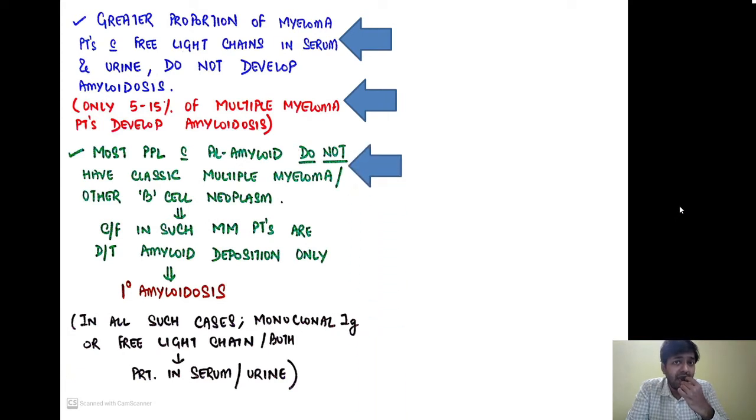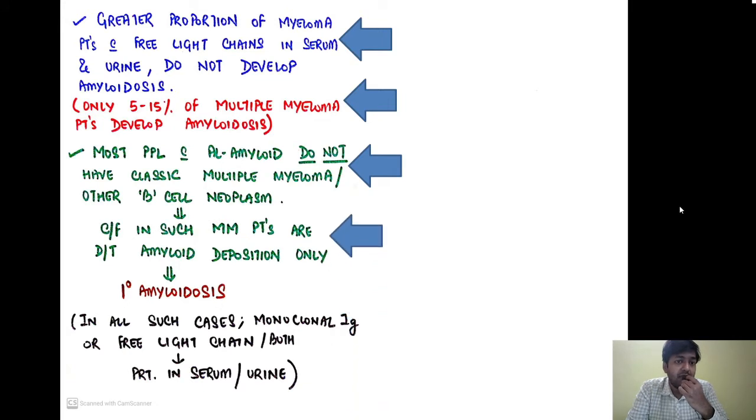Most people with AL type of amyloid do not have classic multiple myeloma or other B-cell neoplasm. So not all cases of multiple myeloma will suffer from amyloidosis, and those cases that do suffer from amyloidosis do not have the classical features of multiple myeloma.